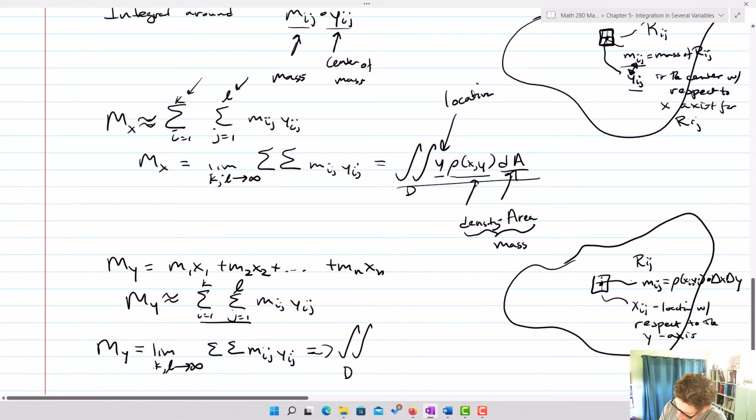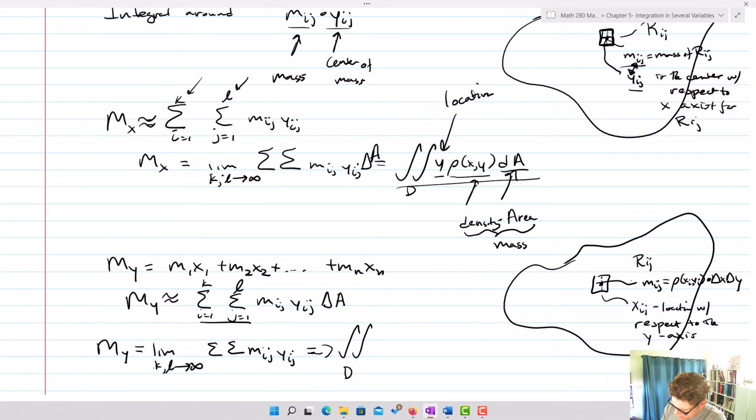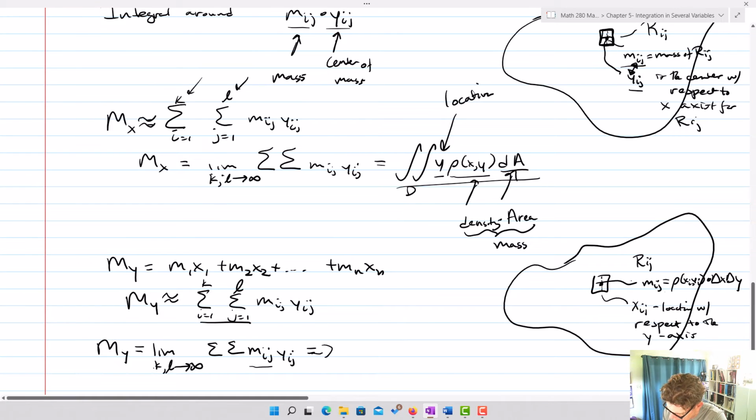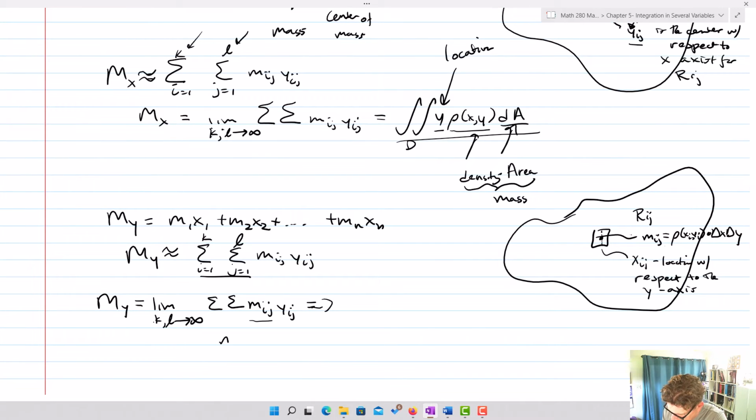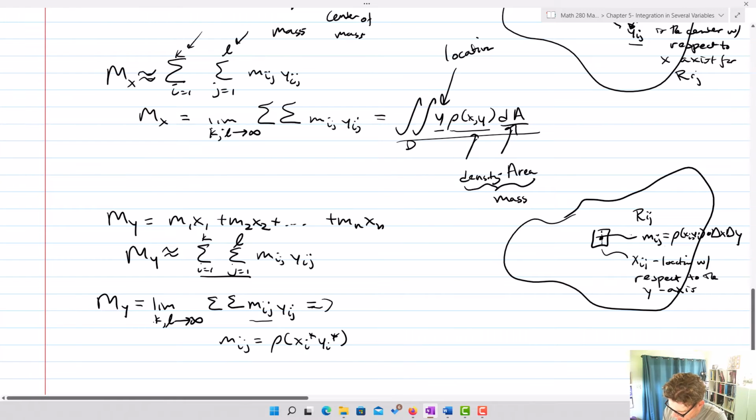Yeah, and this actually should add in a delta A, just to be rigorous. Okay. We'll then replace the m_ij, okay, with m_ij ending up equaling the density times the area, so that's delta x, delta y.